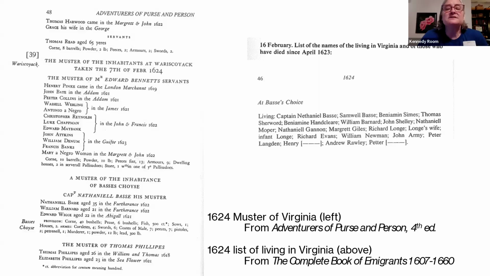Richard Evans, William Newman, John Army, Peter Langdon, Henry, can't read the last name, Andrew Raleigh, and Peter, can't read the last name. So these are from two of the books that talk about Virginia immigrants. Sometimes they aren't quite as lists of names as you think, but sometimes they are, and you have to use multiple resources to prove that this is the right person with the right name.